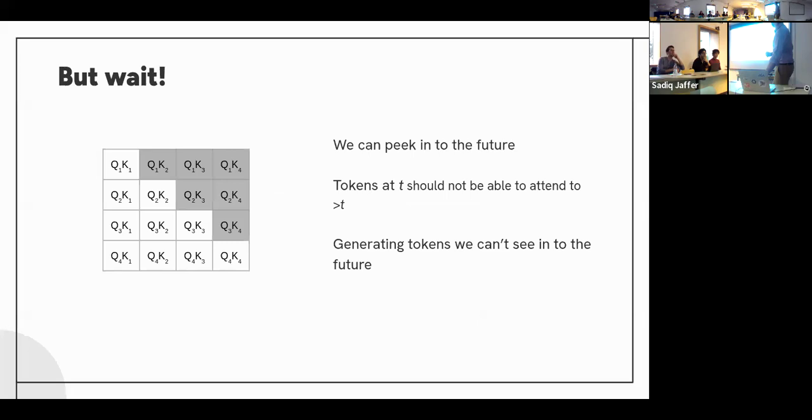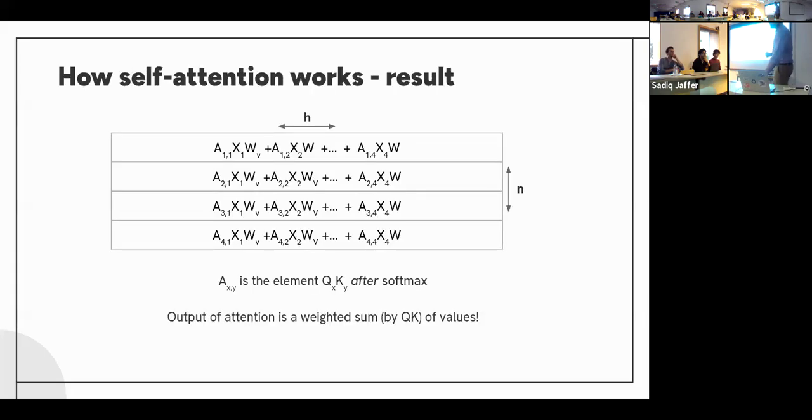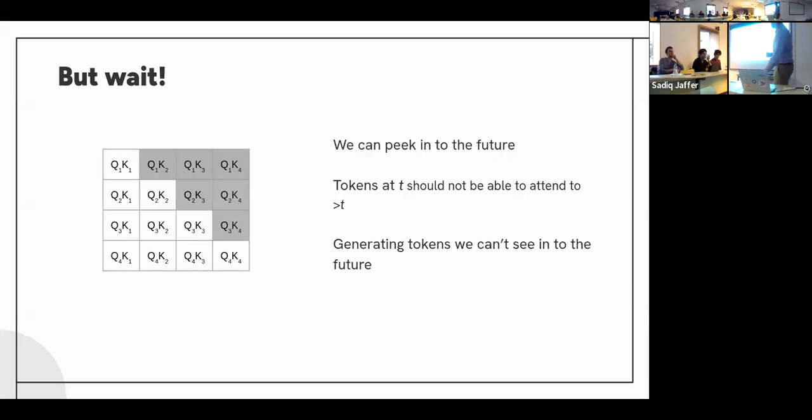Right. So there's a problem with this though, right? If we think about how this matrix works, Q1K2 is the first token potentially attending to the one in the second position. And that's not very useful if we want to use it to predict text, right? Because it's basically peeking into the future.